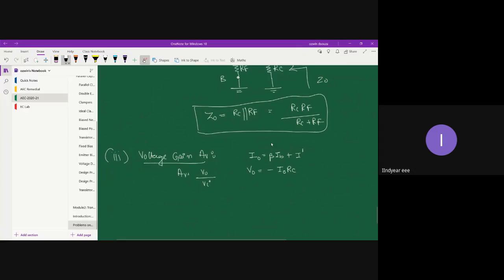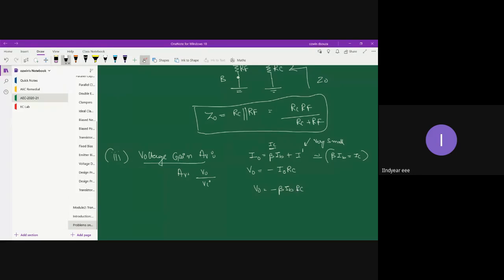So this is IC. IC is beta IB, and approximately you can write I naught as beta IB, because I dash is very small. I hope you remember this particular thing from when I explained while calculating Zi. So that's your V naught. V naught is equal to minus I naught RC, so it is negative beta IB into RC.